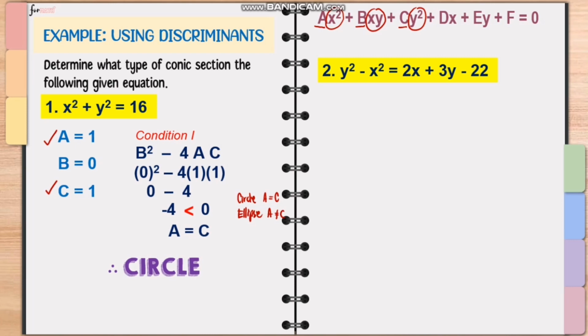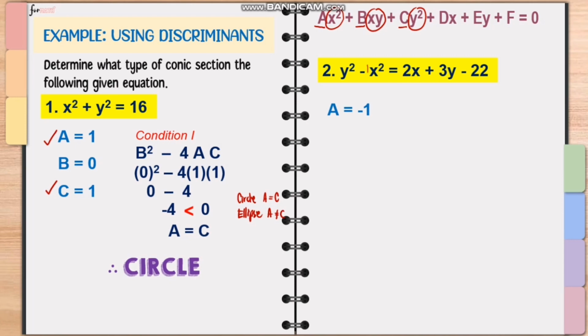So, kailangan po nasa left side lahat ng equation natin. So, ito, wag na po muna natin pakialaman kasi hindi naman po natin yan magagamit. Okay? So, here, meron tayong negative 1 for the a kasi minus x squared po siya, meaning may invisible 1 po yan, kaya negative 1 po ang a natin.